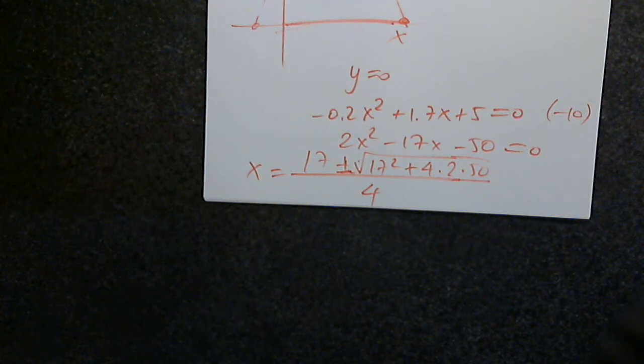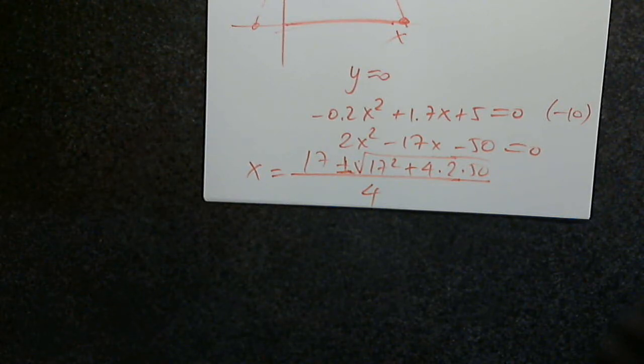It's not a big deal, it's just a few inches here and there. That's true too, but I recommend doing this. Parentheses around the top, 17 plus the square root in parentheses, 17 squared plus 4 times 2 is 8, 5 times 8, 400 with a 0, of course.